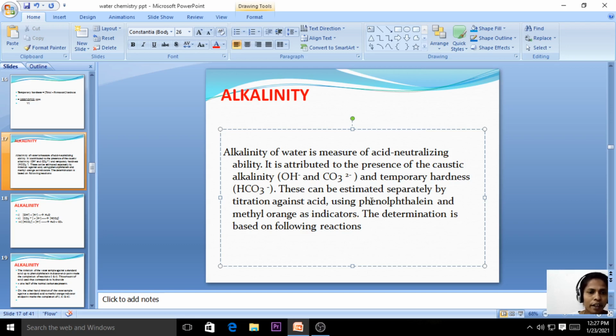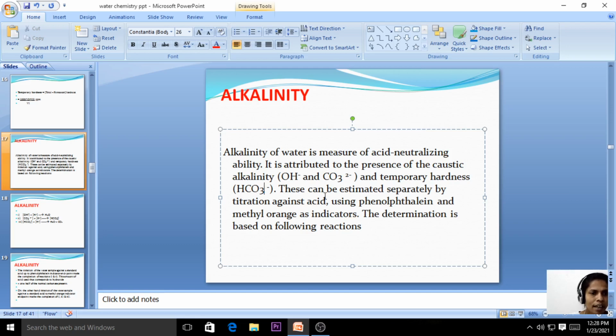So we can't find all three ions at a time by using phenolphthalein indicator. But by using methyl orange indicator, we can find all three ions' alkalinity. But our aim is to identify caustic alkalinity separately and temporary alkalinity separately.